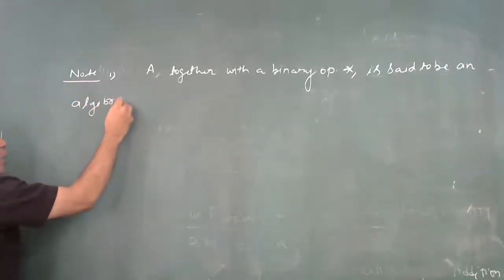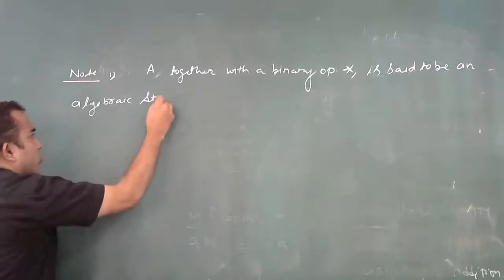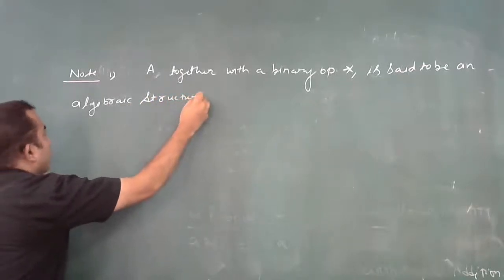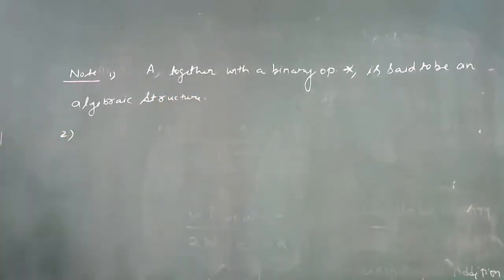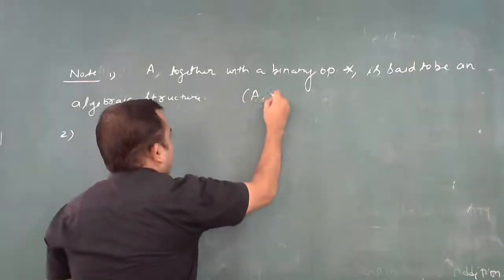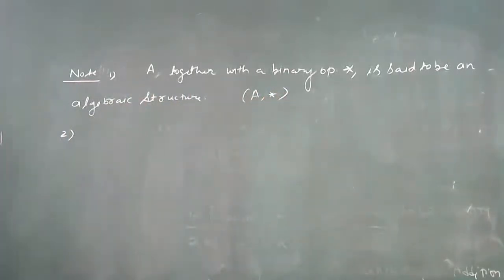There's a name of algebraic structure. We write like this: A with a star is called an algebraic structure.